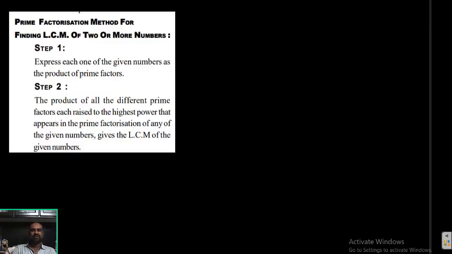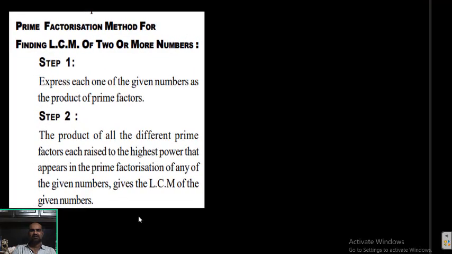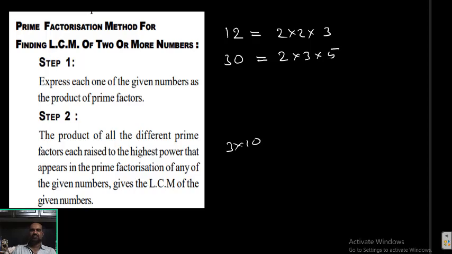Next, prime factorization method. First of all, we want to make them into a product of prime numbers. 12 is given, so that is 2 into 2 into 3. Next 30: 3 into 10, so 2 into 3 into 5. Now, what is the definition saying? First of all, identify the common prime factors.